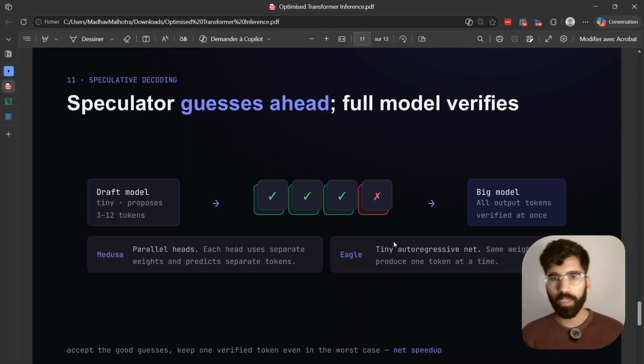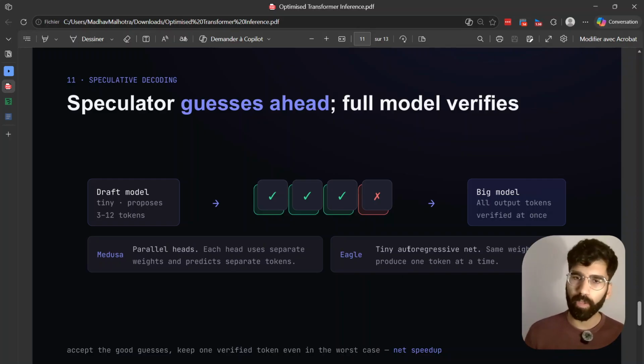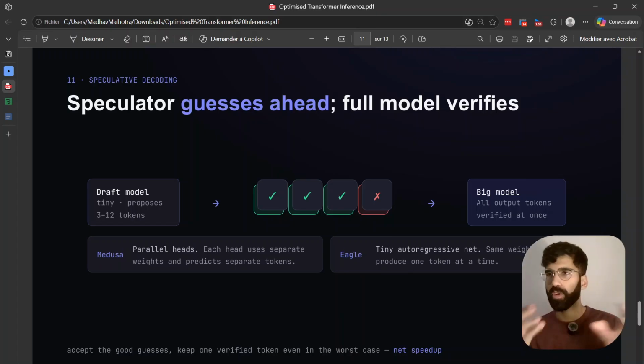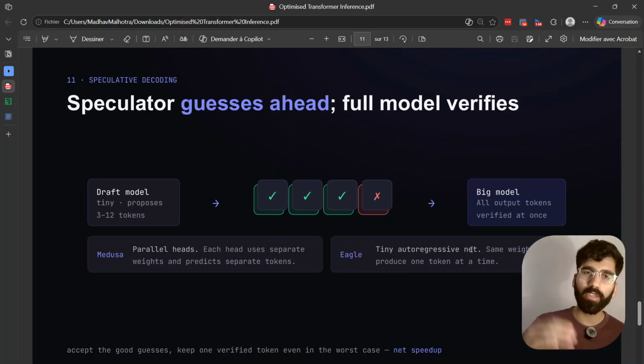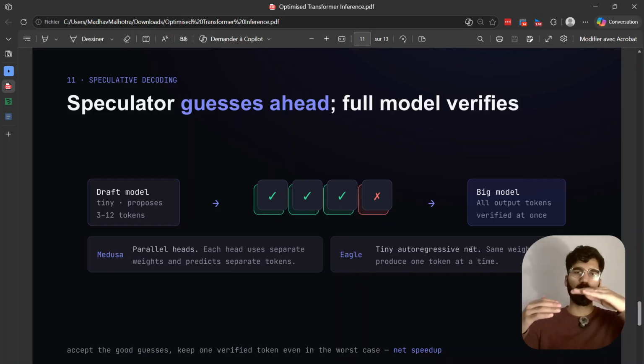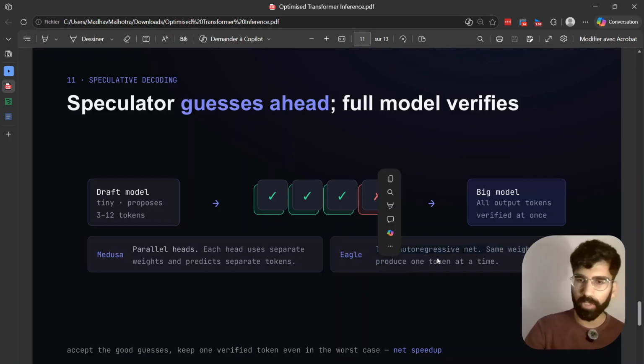Another alternative to this is the more modern Eagle architecture, where you don't have all of these separate heads with their separate parameters and weights. You just have one autoregressive decoder-like layer, where you take whatever parameters it has, and then on iteration 1, you take the output of the final decoder of the full transformer, and then you run it through this tiny autoregressive layer.